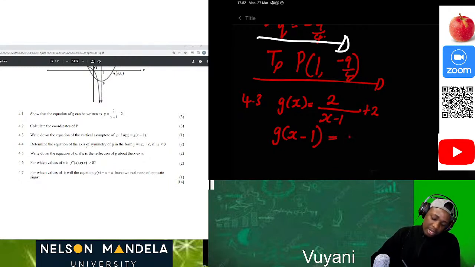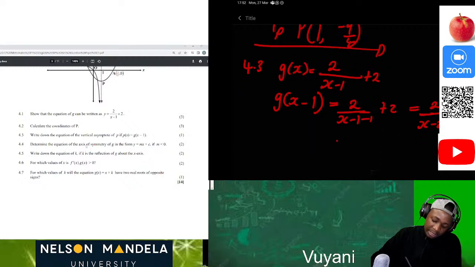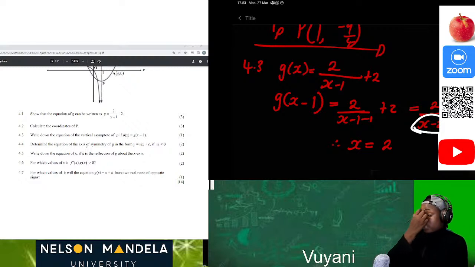So now where there is x, we put x minus 1 plus 2, which is equal to 2 over x minus 2 plus 2. Then therefore our vertical asymptote is x equal to 2, because we take what is here, we equate to 0, then we solve for x. Then we have our vertical asymptote.